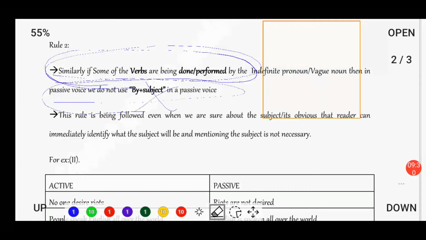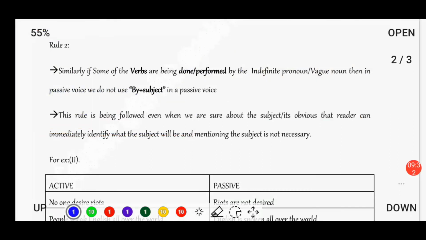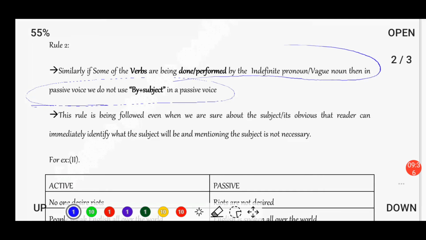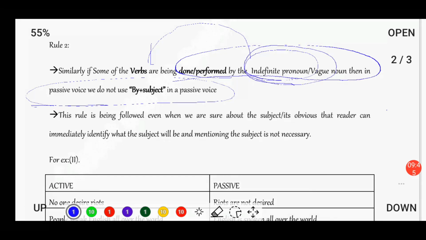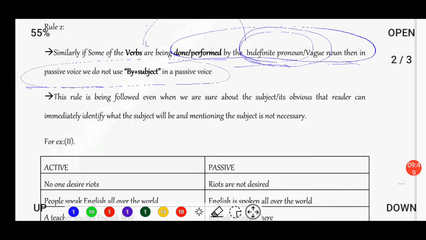Such kinds of nouns or pronouns which are not confirmed are known as indefinite pronouns or vague nouns.